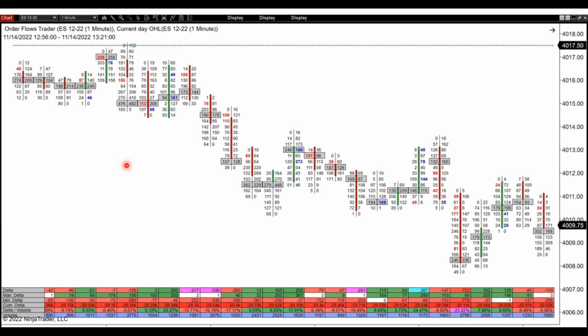Was there an imbalance between the volume trading on the bid versus the volume trading on the offer? Or you could see maybe there was heavy volume traded on a bid or heavy volume traded on the offer, or maybe there was practically no volume traded on a bid price or no volume traded on the offer. All this information is useful to us as a trader.